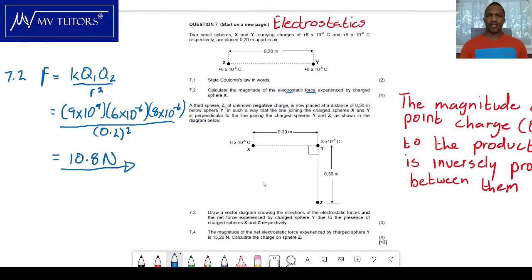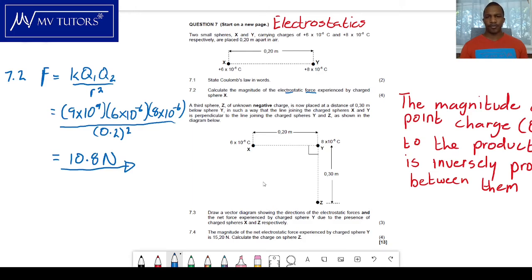Then it says a third sphere Z, so they just put a third one there, of unknown negative charge is now placed at a distance 0.3 meters below sphere Y in such a way that the line joining the charged spheres X and Y is perpendicular to the line joining the charged spheres Y and Z, as shown in the diagram below.